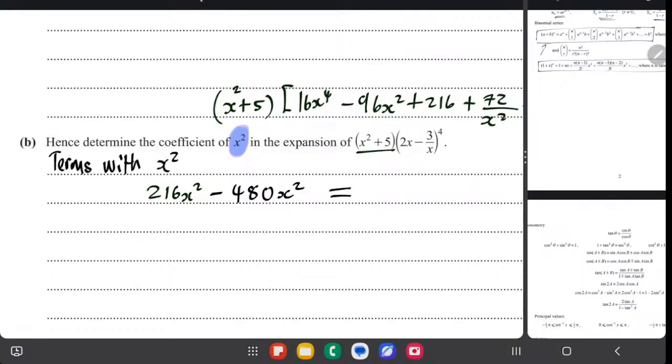You say this is equal to, what is 216 minus 480? Negative 264. You said negative 264. X squared. There we go.